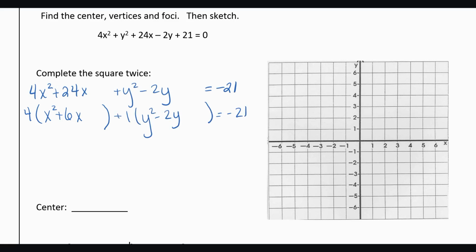So remember, we take the b term, so this would be 6 over 2, and we would square it, so we'd get 3 squared is 9. So we're going to add 9. Now remember, over here we have to add 4 times 9. Okay, for our y, we're going to take negative 2 over 2 squared. So that's going to give us plus 1. And here it's a 1 times 1.